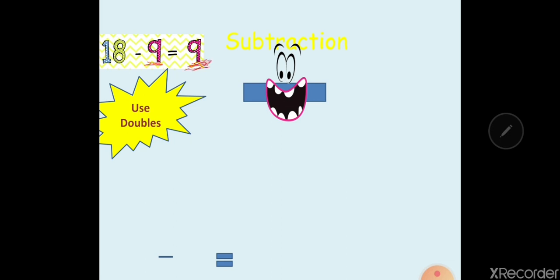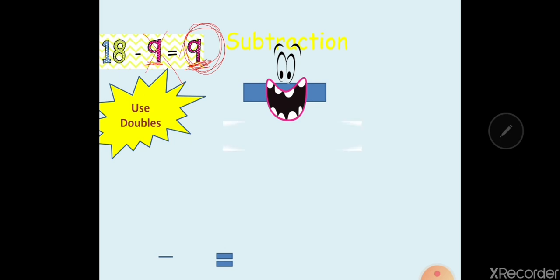So if the minus comes and eats one of these parts, the other part will be left with me. It's the same number, so no need to count them on my fingers. I know 18 minus 9 equals 9.